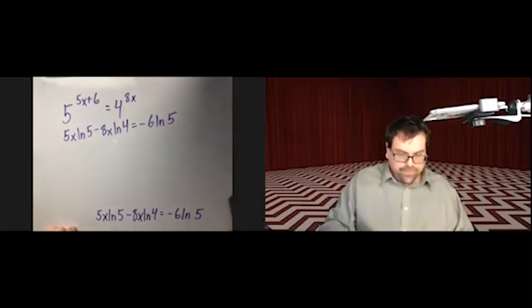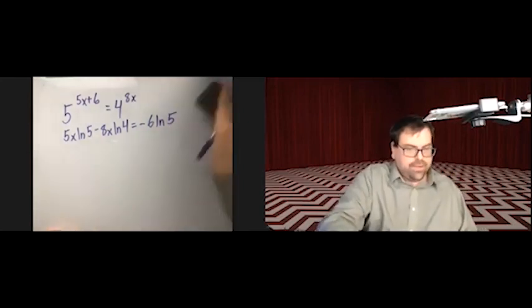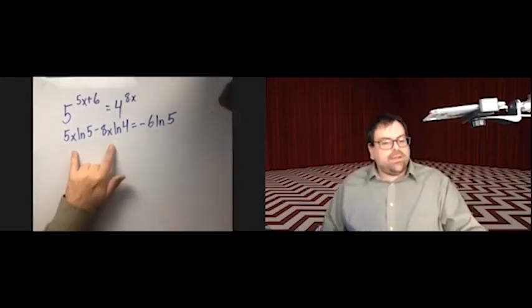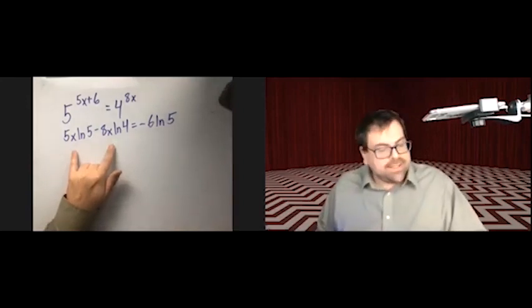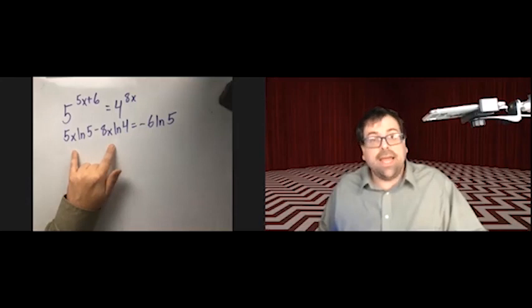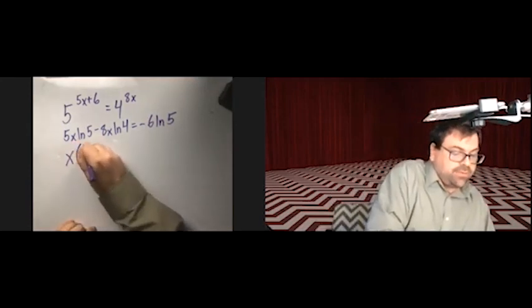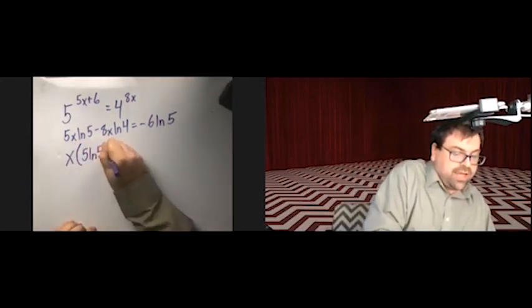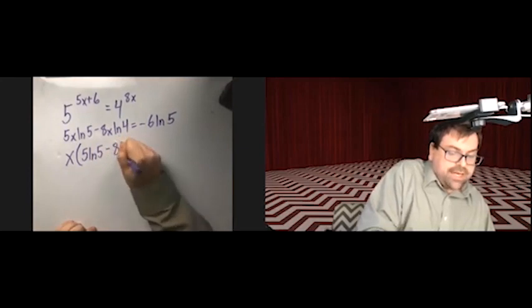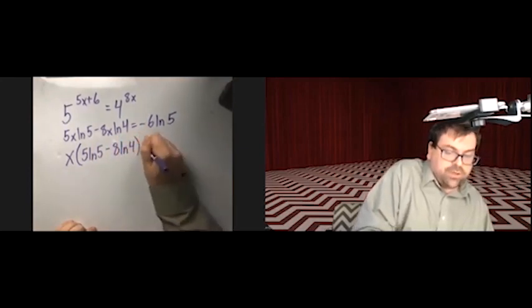Okay. Now, since we got everything with an x by itself on the left, that means we can factor an x out, and we're left with 5 natural log of 5 minus 8 natural log of 4.